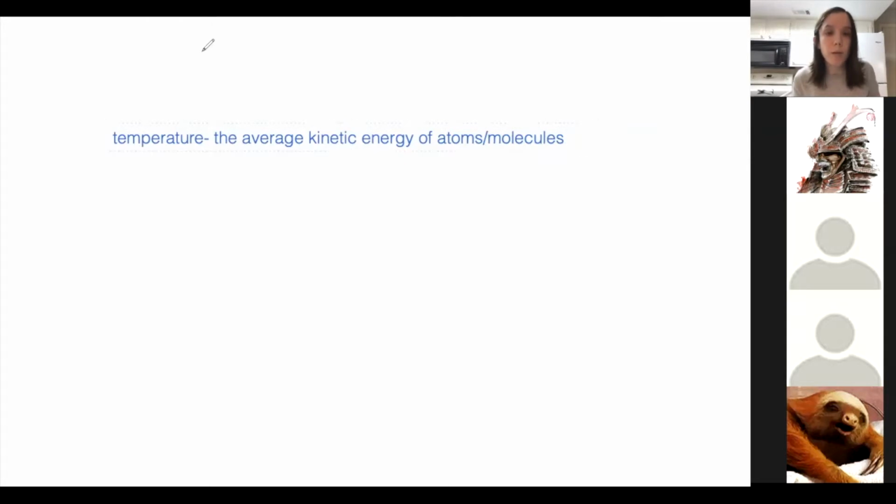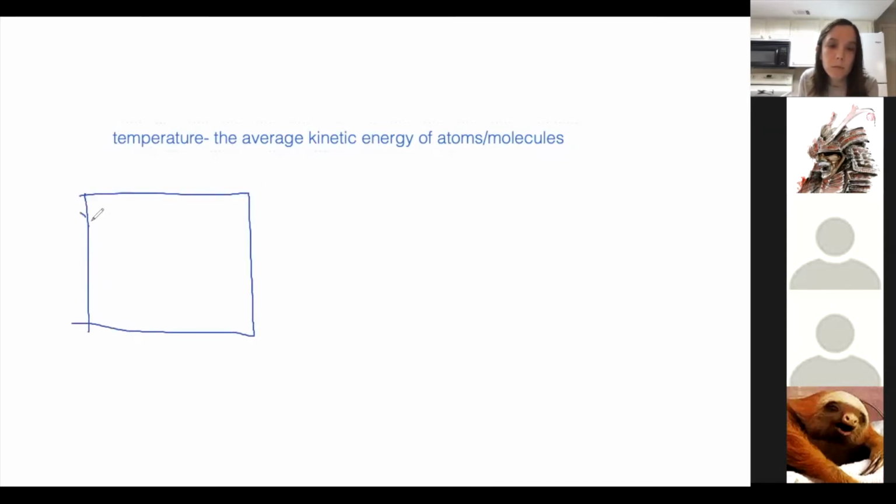So it's an average, which means that with any substance you have, let's say that we have room temperature water. Let me draw that. So this water is at 72 degrees Fahrenheit. That's its average temperature. That's the average temperature of all the atoms in the water.